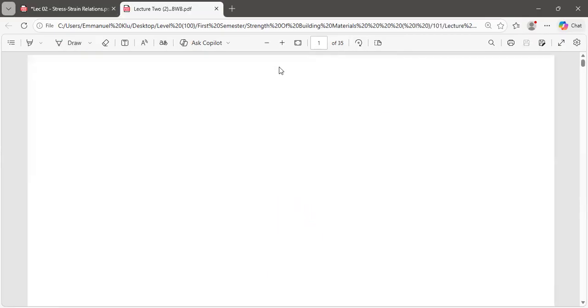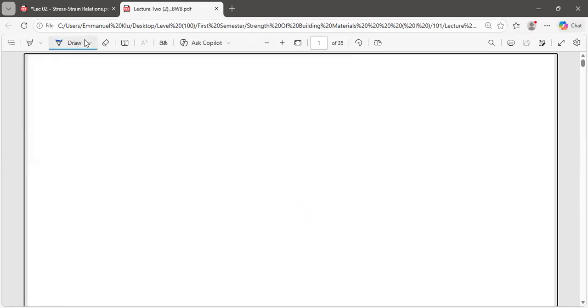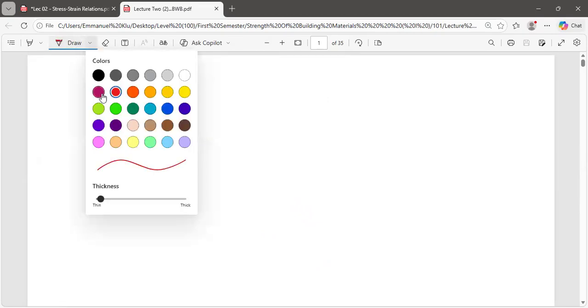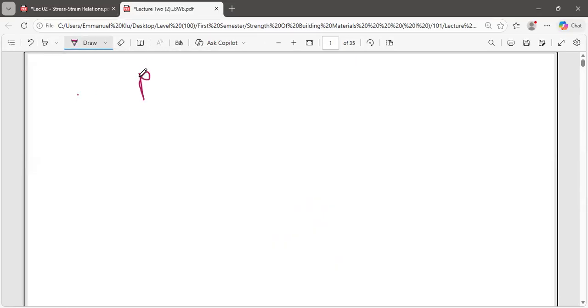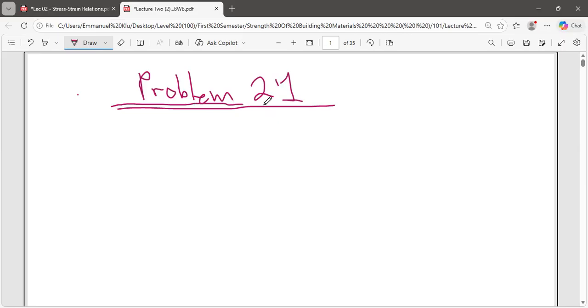So we are talking about problem 2.1. Let's quickly put down our given. We always have to put down our given for marks.